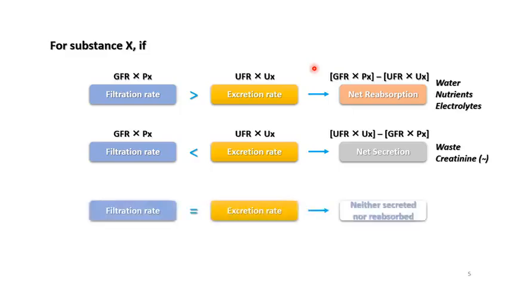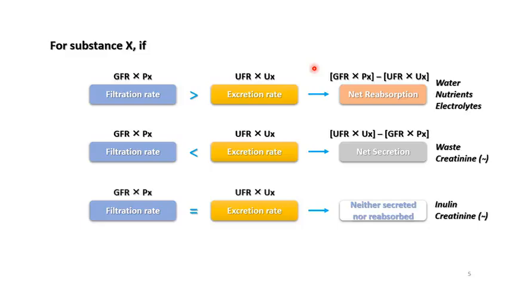There are few substances for which the filtration rate and excretion rate are equal, and neither secretion nor reabsorption occurs at the level of renal tubules. Inulin is, for example, a known substance that after filtration will not be reabsorbed or secreted, and the amount that is filtered will be equal to the amount that is excreted.